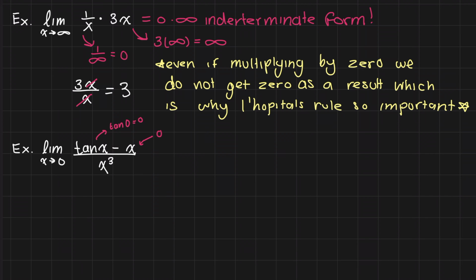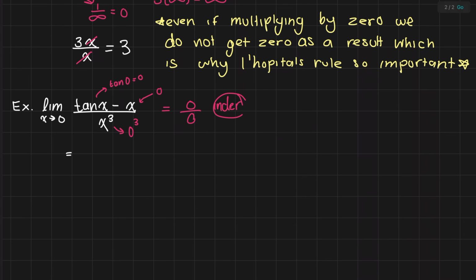So tan x as x approaches 0, well, x is just 0, and then x cubed is 0 cubed. So when we look at all of those individual pieces, we get 0 minus 0 over 0, which is just 0 over 0.